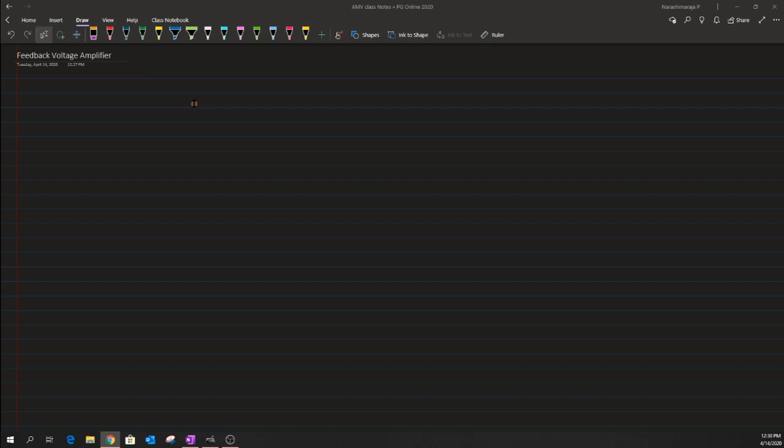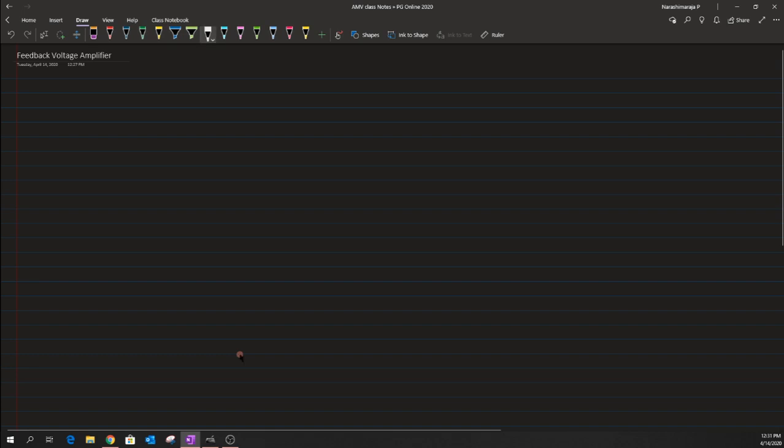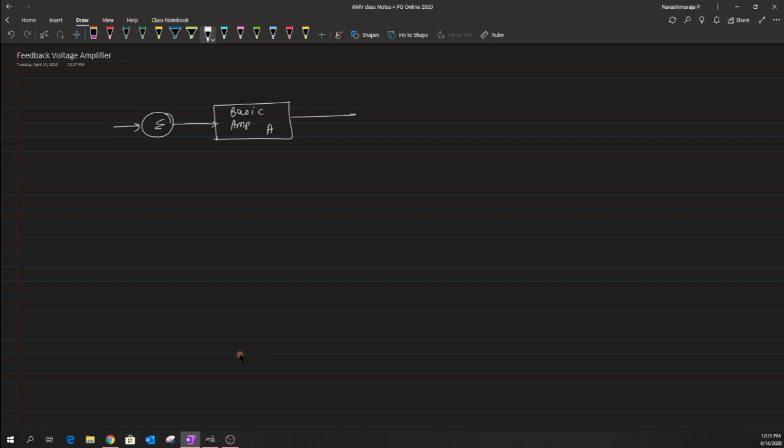So, in the last class, we discussed feedback amplifiers. We had this basic amplifier, an open loop amplifier, and let me label this with A. And the general feedback network was something like this, where we are trying to sample the output V naught, or in general X naught.